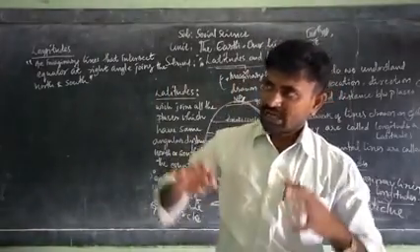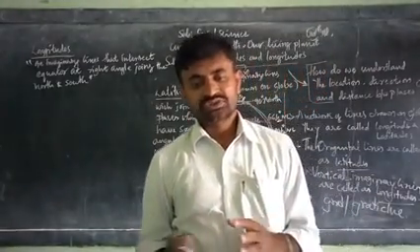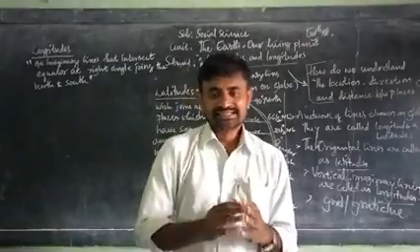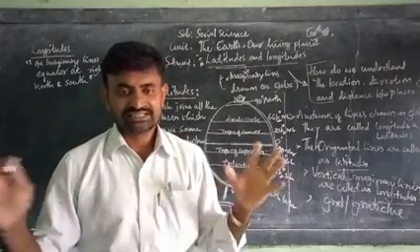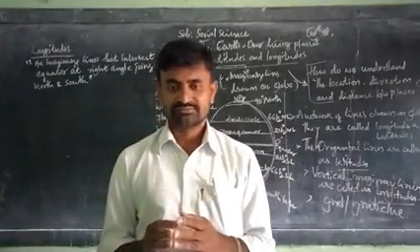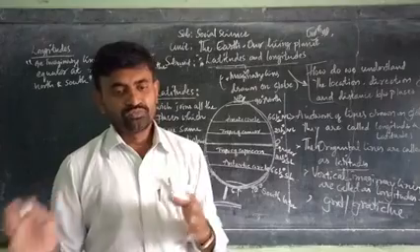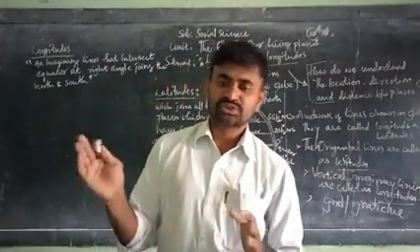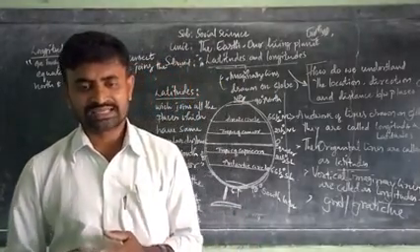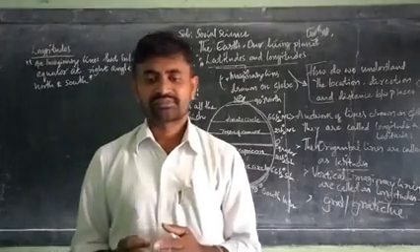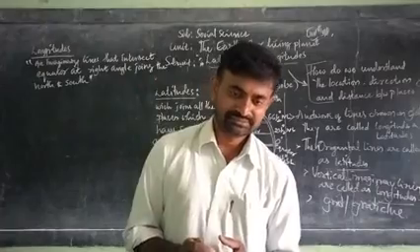See, dear students, on the globe, longitudes are shown as a series of semicircles that run from pole to pole passing through the equator. All lines of longitude are of equal length.